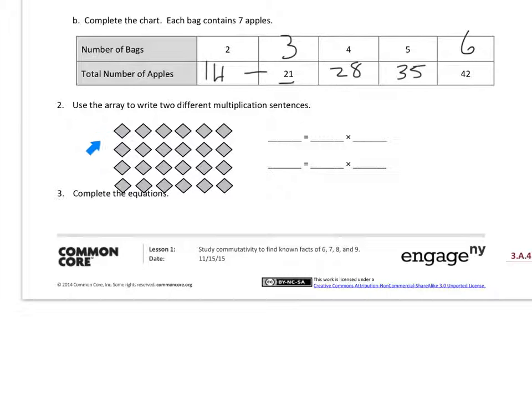So we have 1, 2, 3, 4. 4 times, now let's count these this way, 1, 2, 3, 4, 5, 6. 4 times 6. If you use the chart up above, or if you have this fact memorized, you know that 4 times 6 equals 24. There are 24 total objects here.